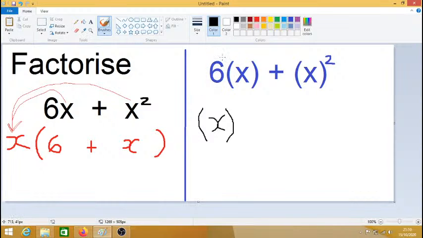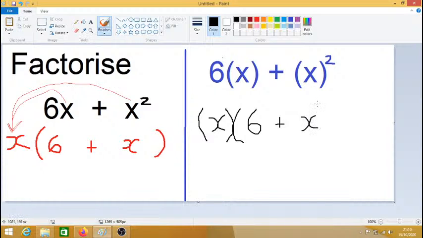and how is that the common factor? Well, this x has been pulled out with the brackets and this x has been pulled out with the brackets. So then what's left? Well, to make the 6 bracket x, we're going to need to times by a 6. And then to make the bracket x bracket squared, we're going to need to times by an x.